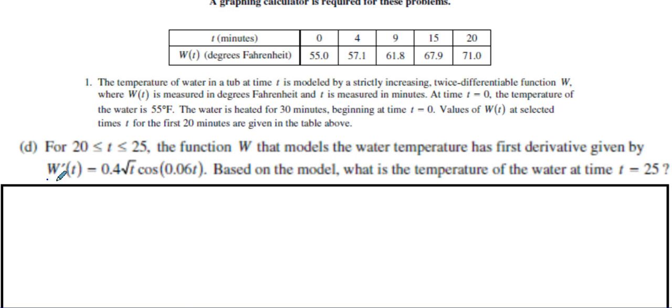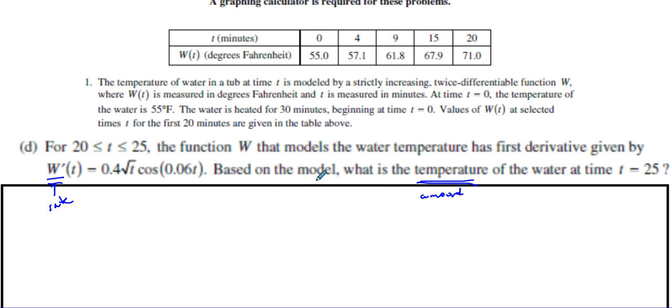So we are given a rate. That's the first derivative, so that's the rate of the temperature. And we want to figure out what is the temperature. Well, in order to go from a rate to an amount, we are working backwards.